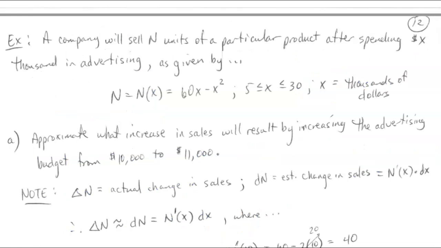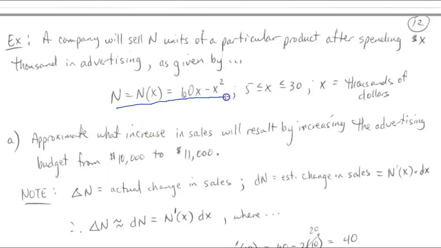All right, so for our last example, I wanted to kind of change the examples a bit and do something that related to money and not so much STEM type stuff. So here we have a company, and they will sell N units of a particular product after spending X amount of thousands of dollars in advertising, as given by this function here.